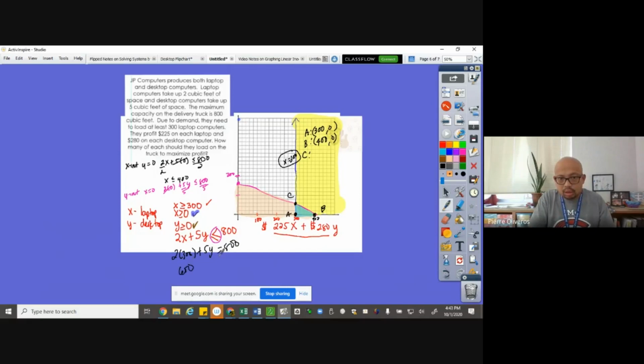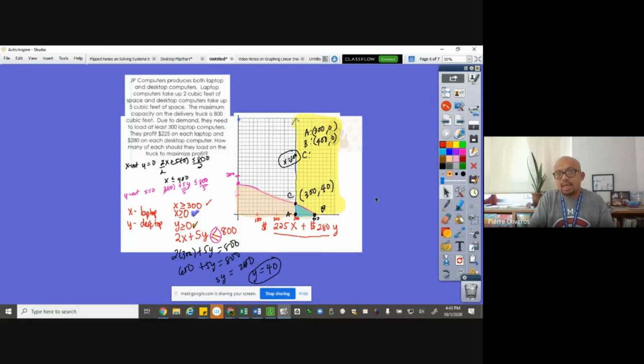So 5y is equal to 200. If you divide it by 5, y is equal to 40. So therefore, this point here is 300 comma 40.